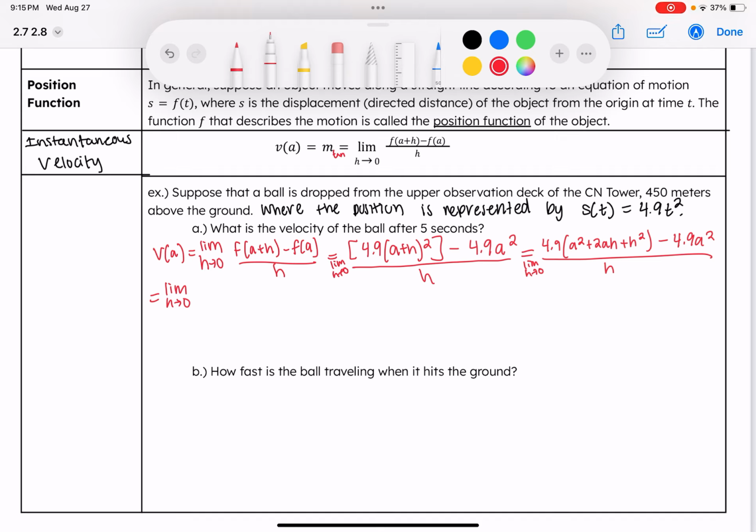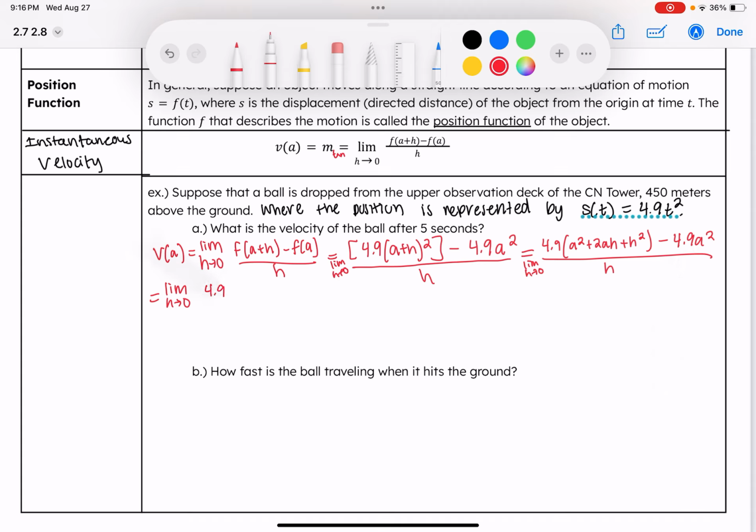Okay, from there, I see in my numerator, I can factor out a 4.9 from each term. So this first part is one term, since my 4.9 is being multiplied to my trinomial, and I have a 4.9 multiplied to my a squared.